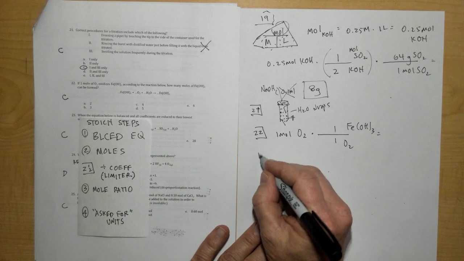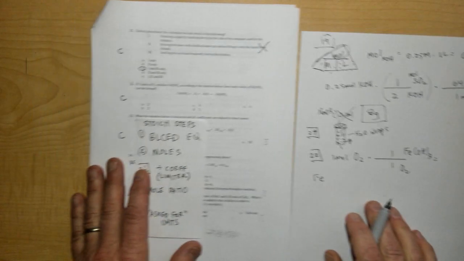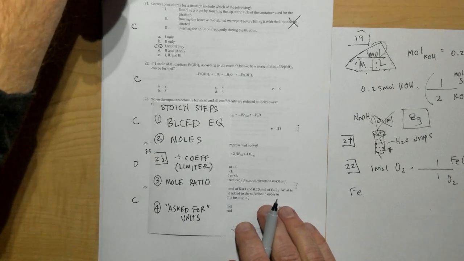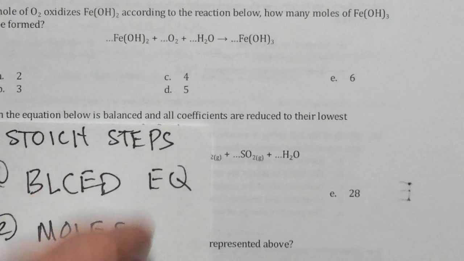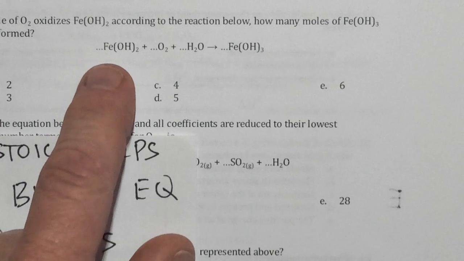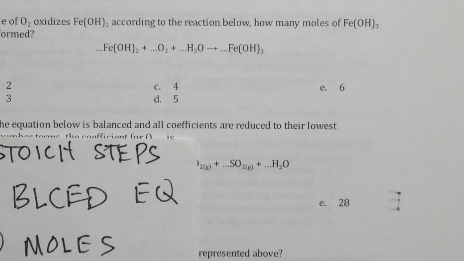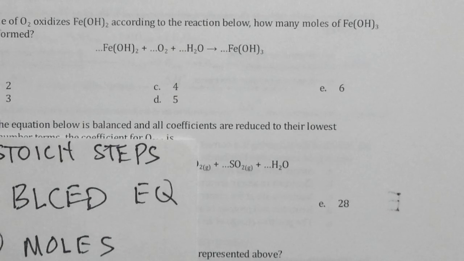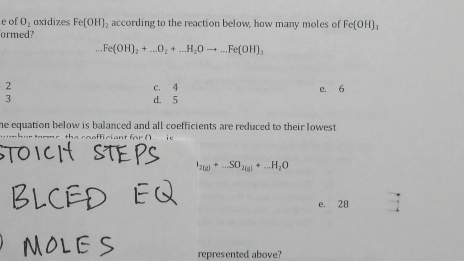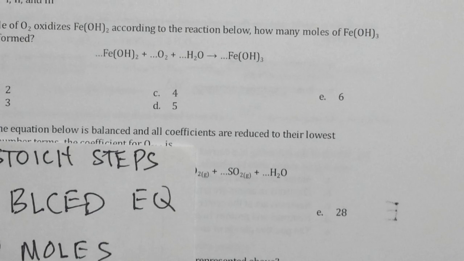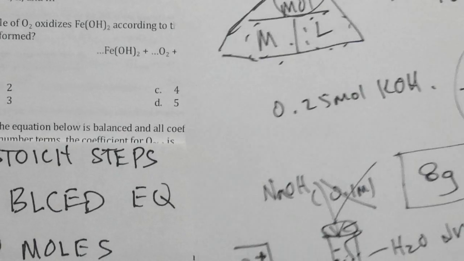So I'm just going to check that again really quick. And I'm going to zoom in a little bit closer to make sure that I'm reading the numbers correctly, because I might have skipped step number 1 when I was supposed to do that. So I'm going to rewrite this a little bit larger. FeOH2 plus O2 plus H2O, and then it makes Fe and then OH3.